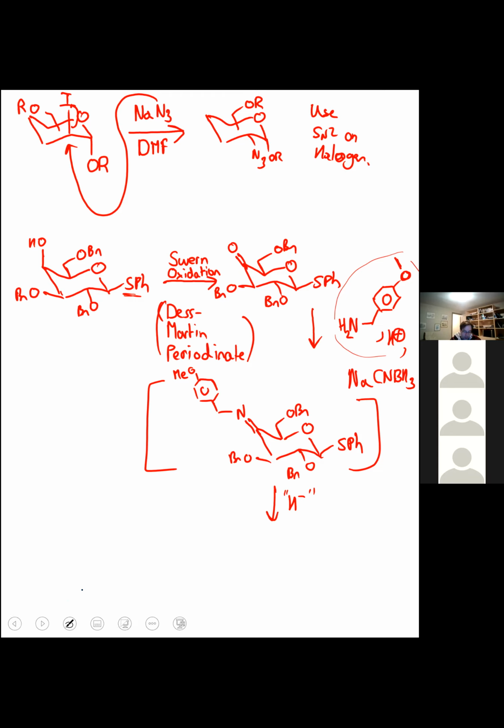I'm just going to draw this in a different color. So this works great if I want glucose. Notice I start with galactose. I'm going to a glucose form. If I wanted the galactose form, I can't do this. I have to do some sort of inversion chemistry. Anyways.